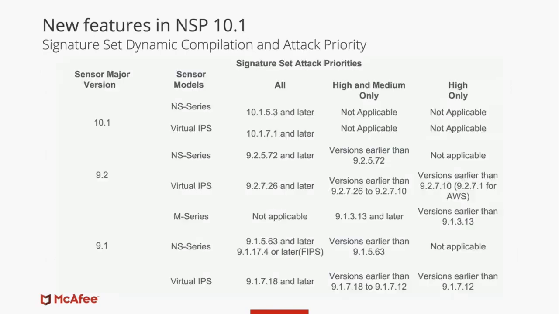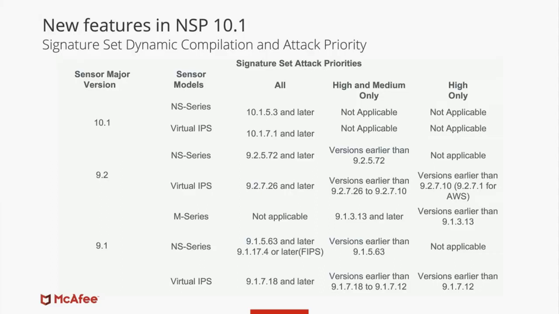Here we've got a breakdown chart showing which versions and models are relevant for each setting. For M-series sensors, high only is required for any sensors earlier than 9.1.3.13, and that's also relevant for the AWS versions and early virtual sensor versions in 9.2.